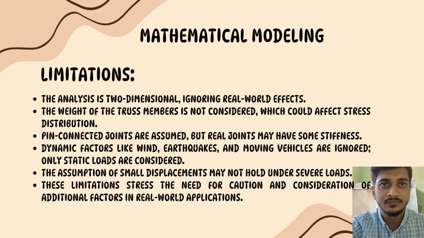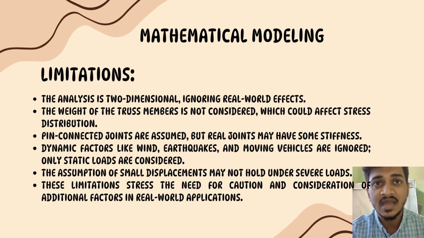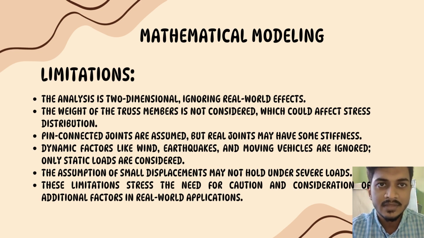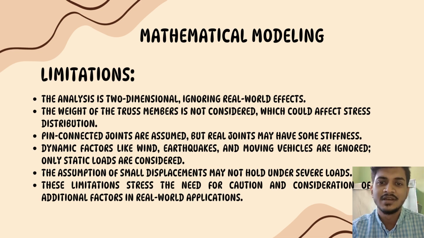The fourth is that dynamic factors like wind, earthquake and moving vehicles are ignored. Only static loads are considered, which is very important. The fifth one is that the assumption of small displacement may not hold under heavy loads. The last one states the need for calculation and consideration of additional factors in real applications. And that is my part, and thank you.